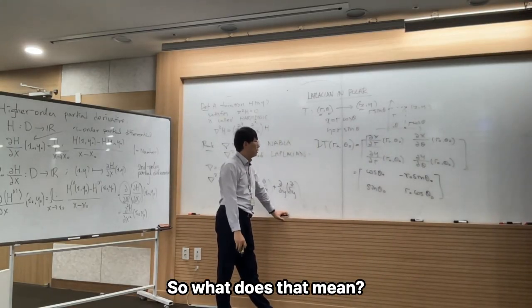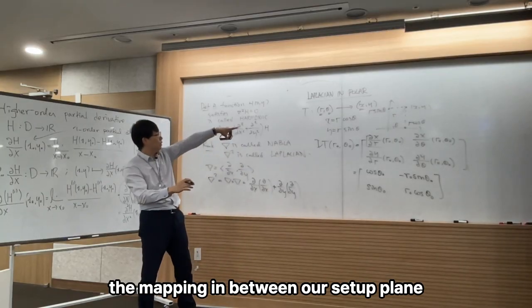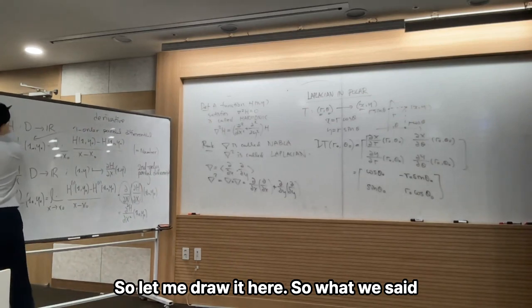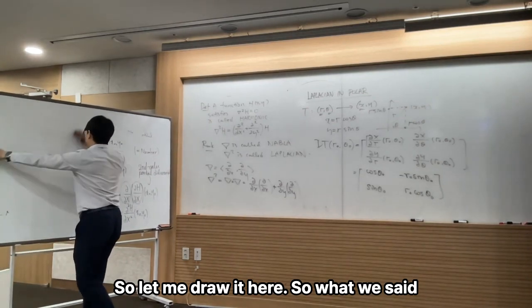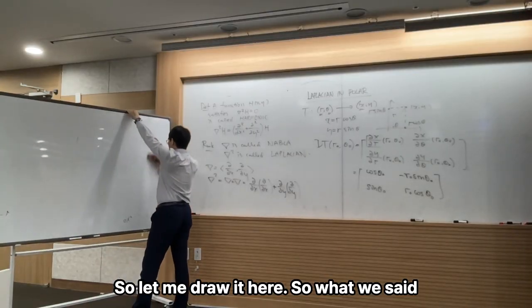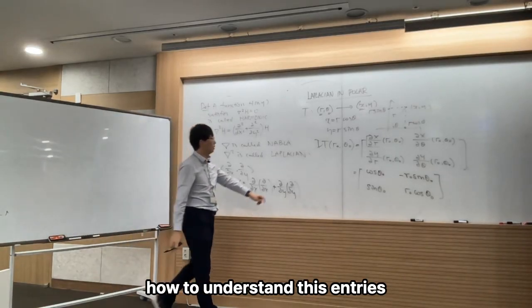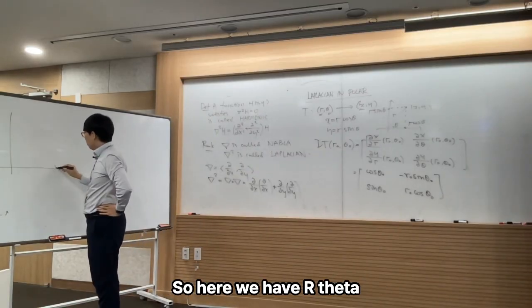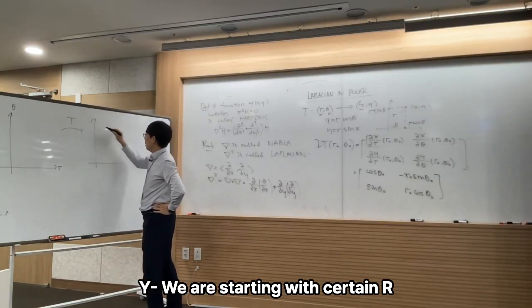So what does that mean? It has something to do with the mapping between the r zeta plane and the xy plane, right? So let me draw it here. What we said before is how to understand these entries of the derivative. So here we have r zeta, and the transformation maps r zeta to xy.